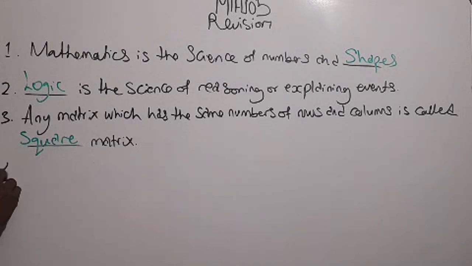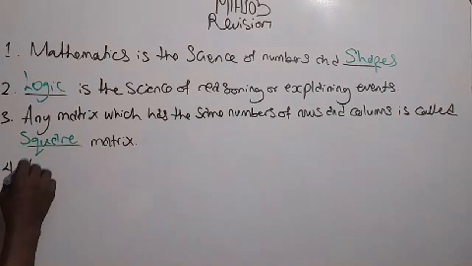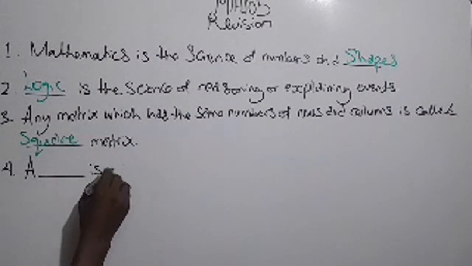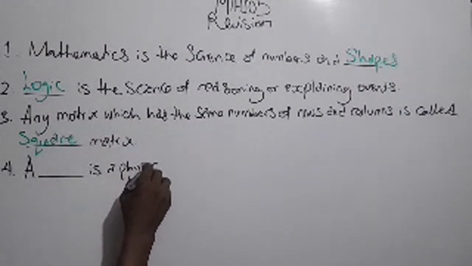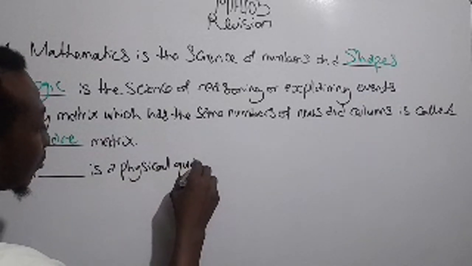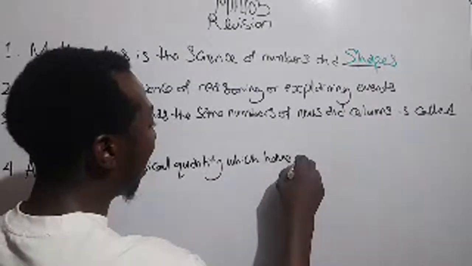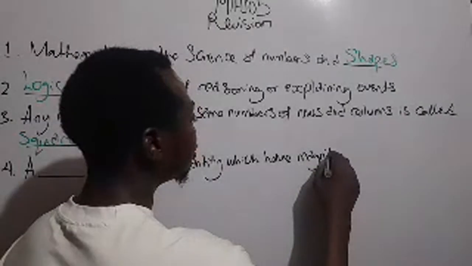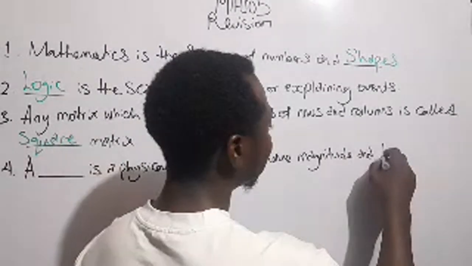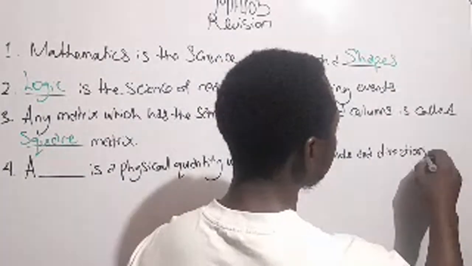Okay. Question 4. It says here, a dash is a physical quantity which has magnitude and direction.